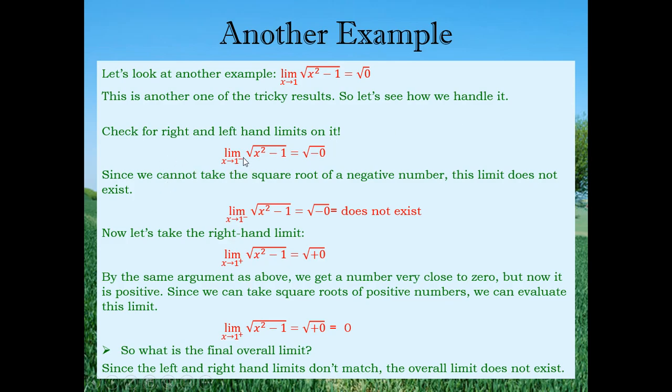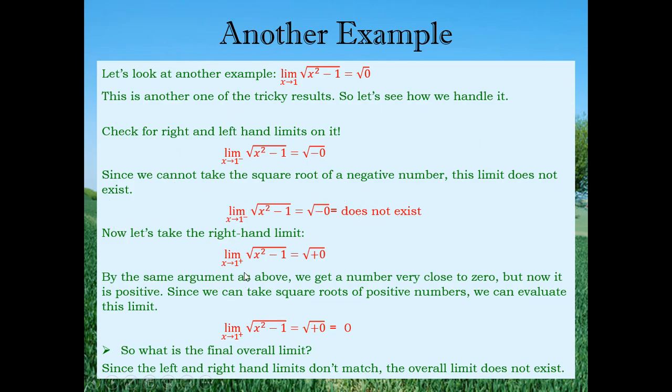So for the left-hand limit, as x approaches 1 from the negative side, x squared is going to be just slightly less than 1. So a number that's slightly less than 1, minus 1, is going to be a number that's just slightly less than 0. And we can't have a negative square root. So the left-hand limit does not exist.